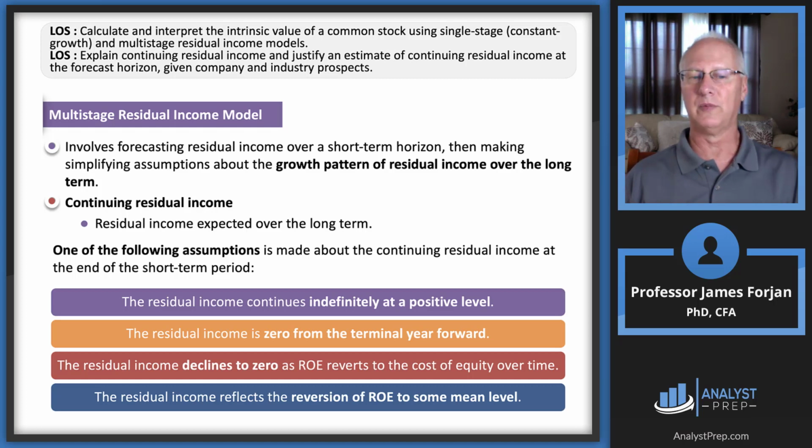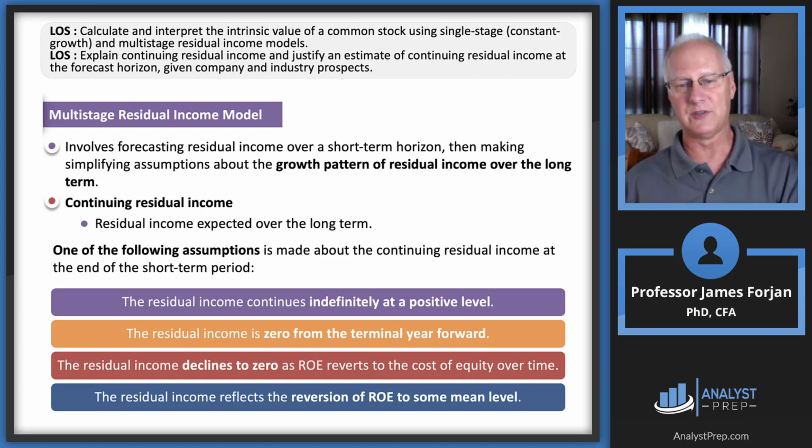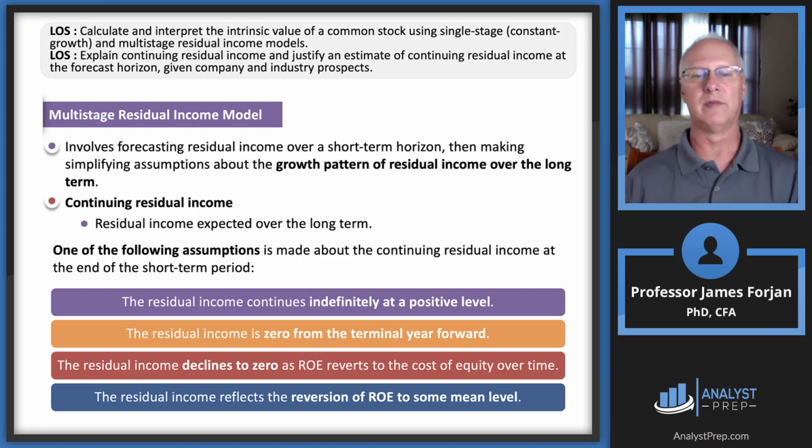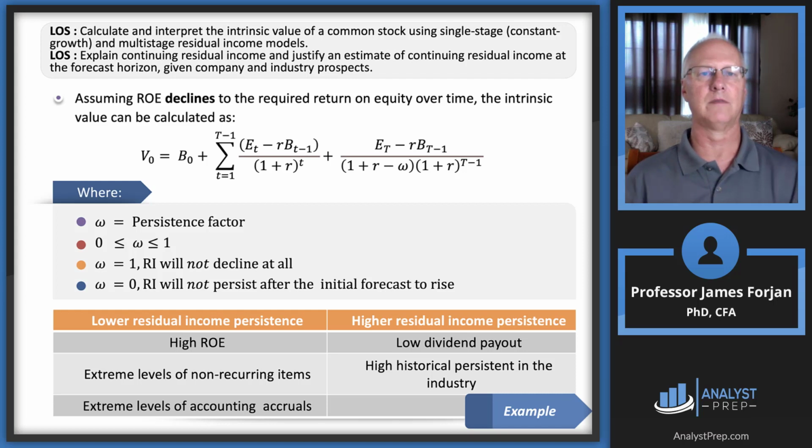We could also assume that residual income declines to 0 or reverts to some mean level. So look for one of these 4 assumptions at the end of that short-term period. These really are not too terribly different from what we did back in the Myron-Gordon growth model. However, there's a little bit of difference in the math, and you'll see that in just a second.